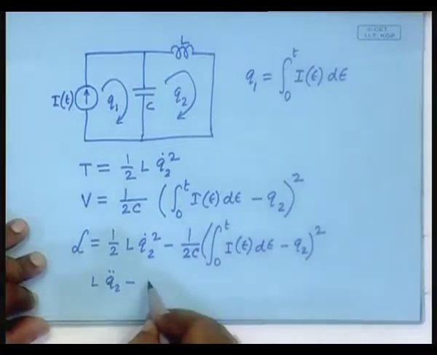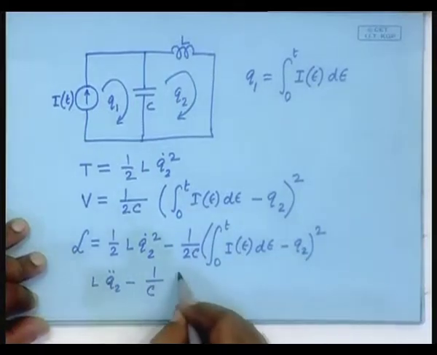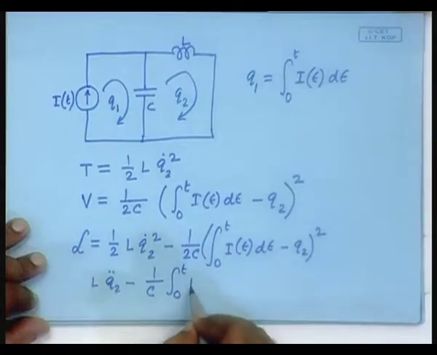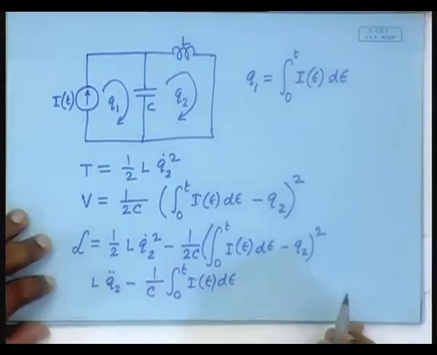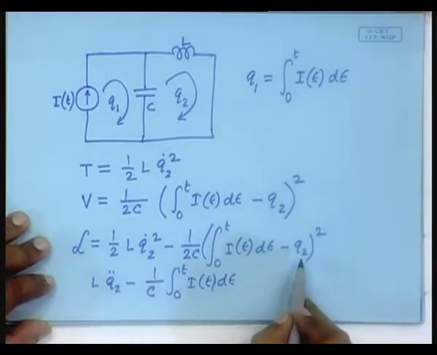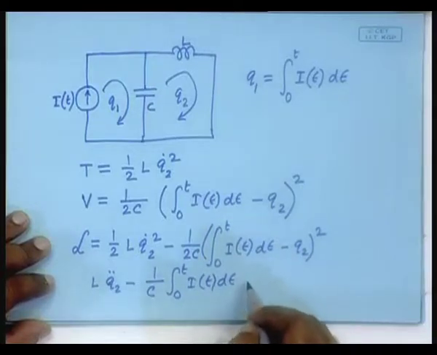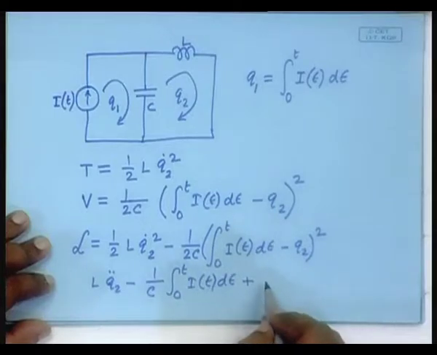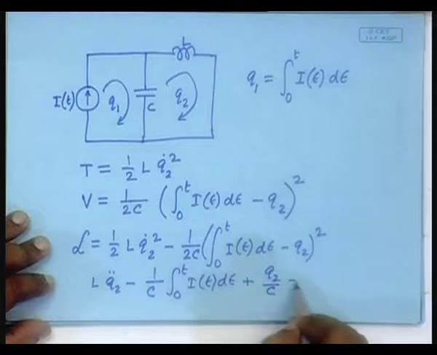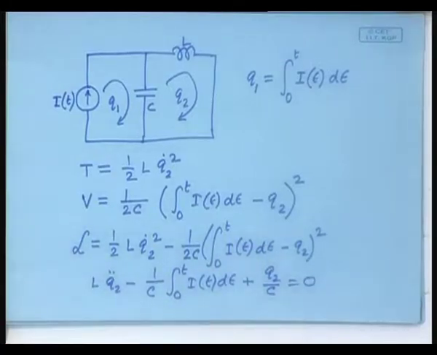So, it will be 1 by C integral 0 to T I epsilon d epsilon. There will be another term which will be on this only, plus, because this was plus, it will be Q2 by C, right. That is how it is.